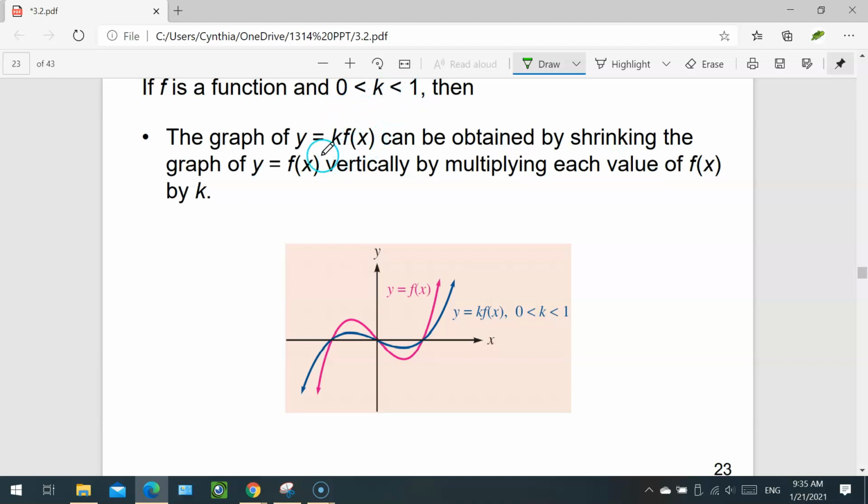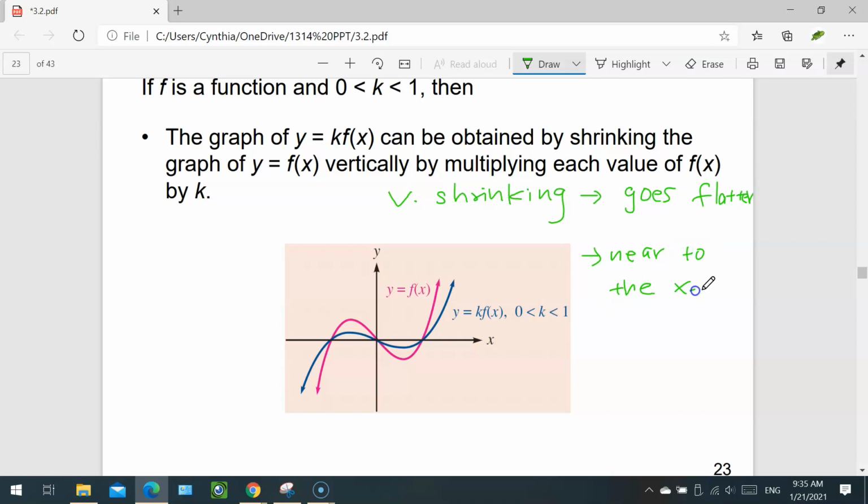So when k is between 1 and 0, you will have the vertical shrinking. That means it will go flatter, near to the x-axis.